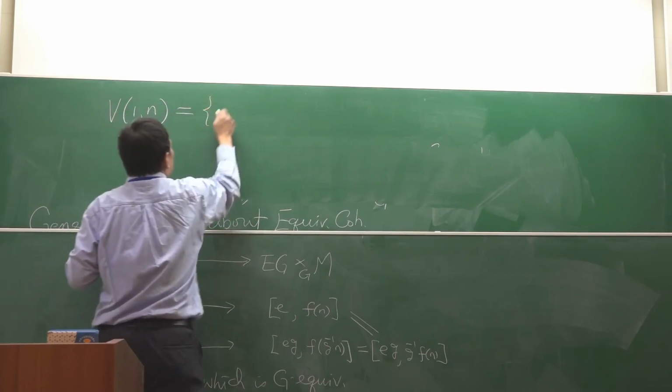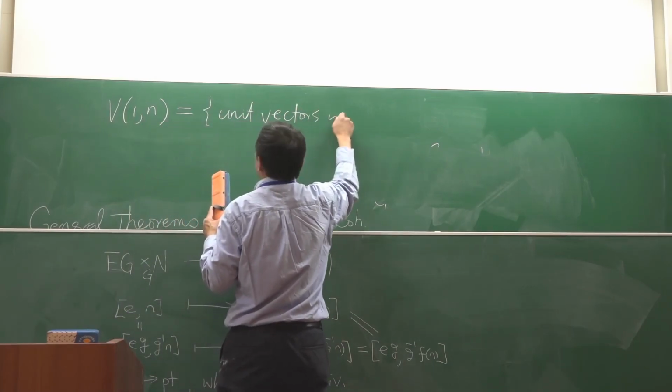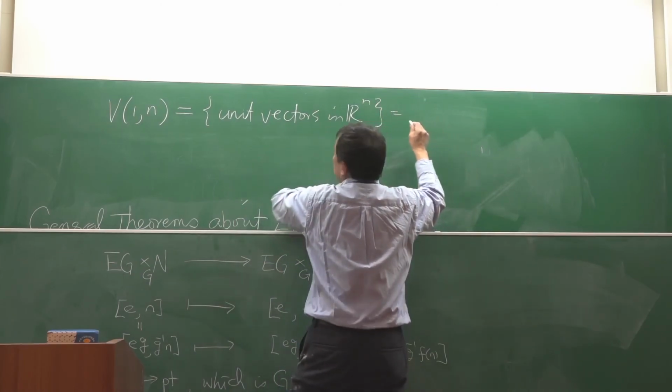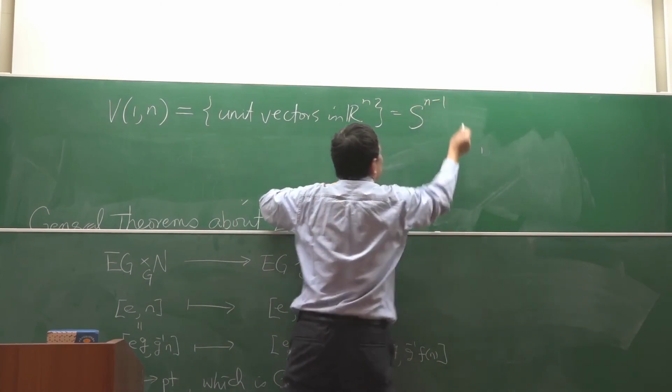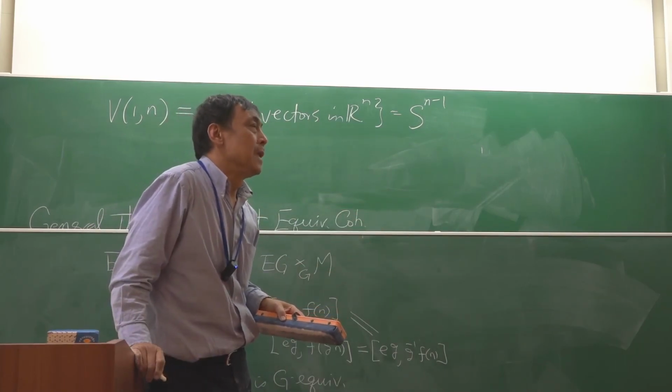So this is unit vectors in Rn. So this will be S^(n-1).